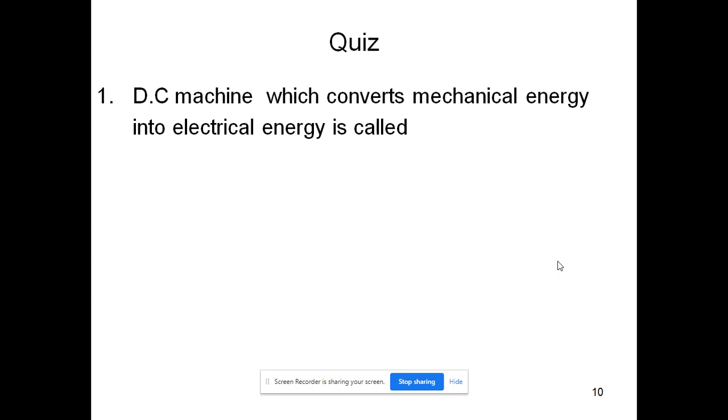Let us see a small quiz on this topic. A DC machine which converts mechanical energy into electrical energy is called a generator, DC generator.